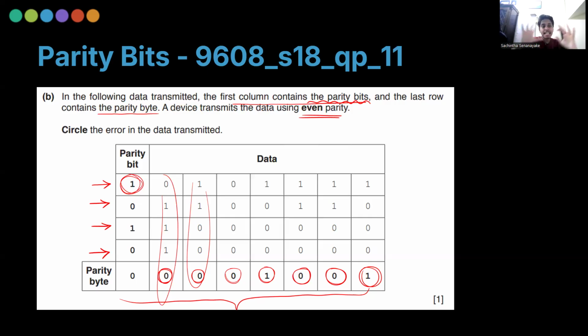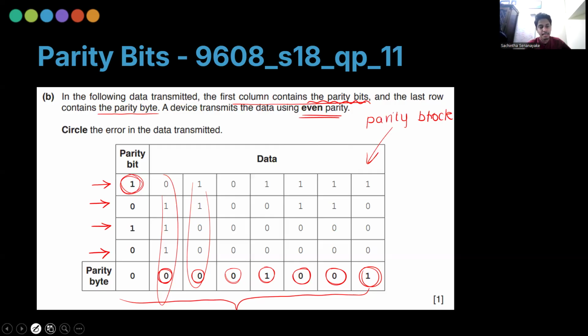And we can use this parity grid system, this is called a parity block, to detect something called positional errors. We can exactly pinpoint where the parity bits have gone wrong, and thereby exactly where in this block the error has occurred.